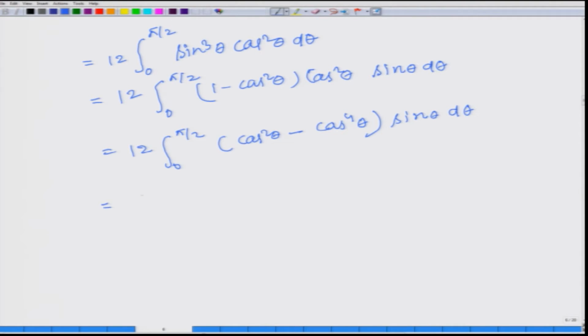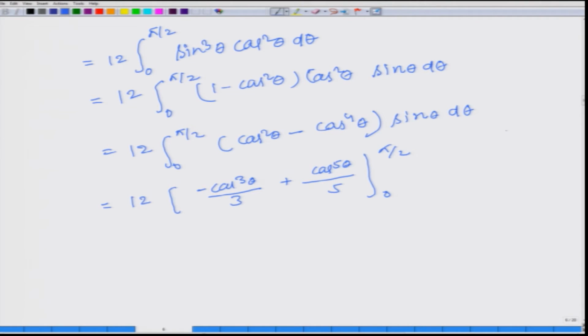So, this would be equal to 12 times minus cos cube theta by 3 plus cos to the power 5 theta by 5, 0 to pi by 2. What I have done?